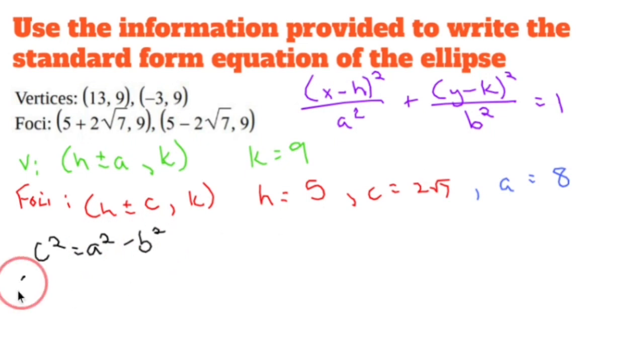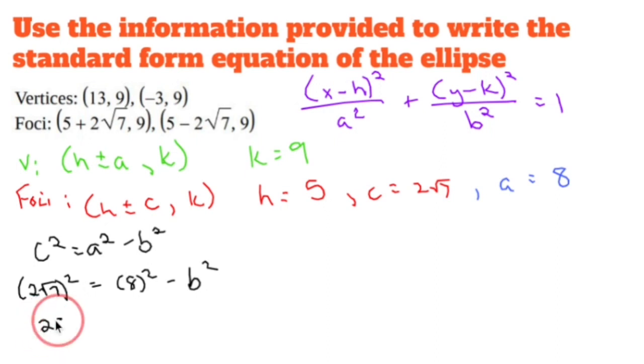C is 2 root 7, so 2 root 7 squared equals a, which is 8, so 8 squared minus b squared. 2 root 7 times 2 root 7 is going to be 4 times regular 7, which is 28. This becomes 64.